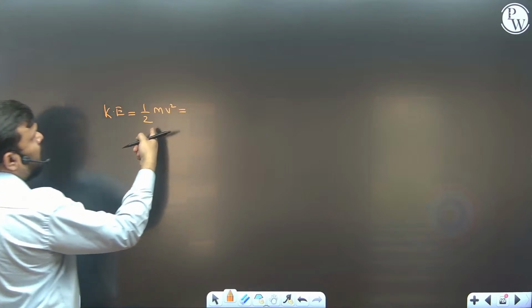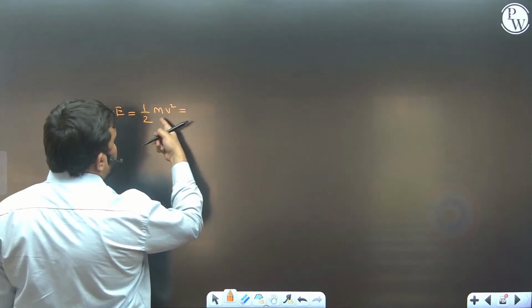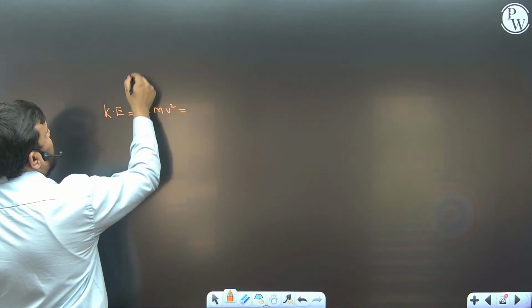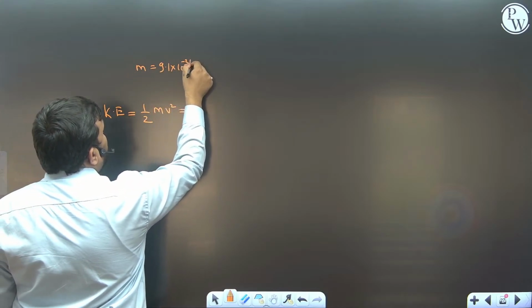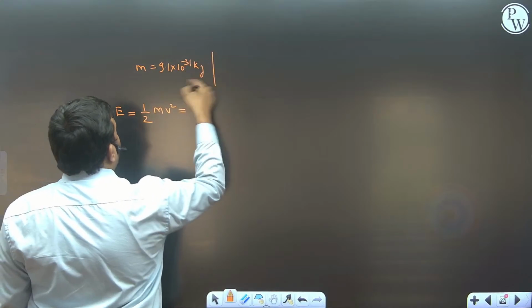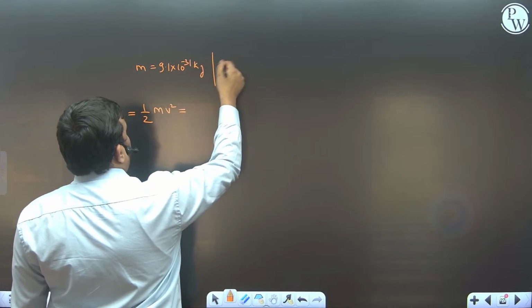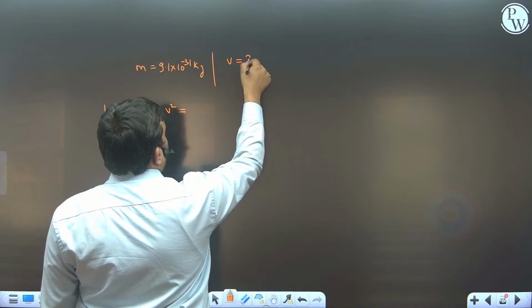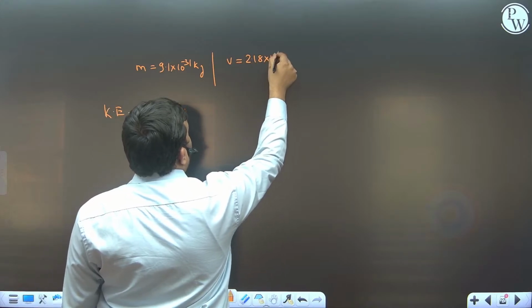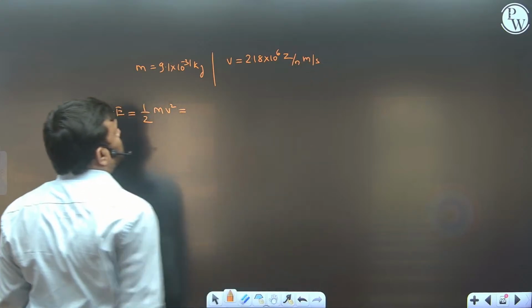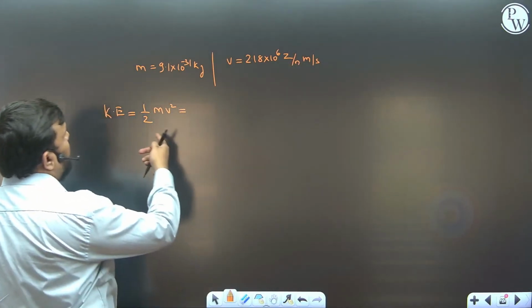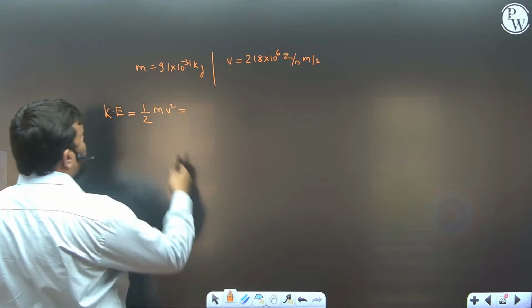By putting the value of velocity over here and mass, that is mass of electron, as I told you, 9.1 into 10 to the power minus 31 kg, and the velocity now you saw 2.18 into 10 to the power 6 Z by n meter per second. So by having these values put over here, we can get the value of kinetic energy.